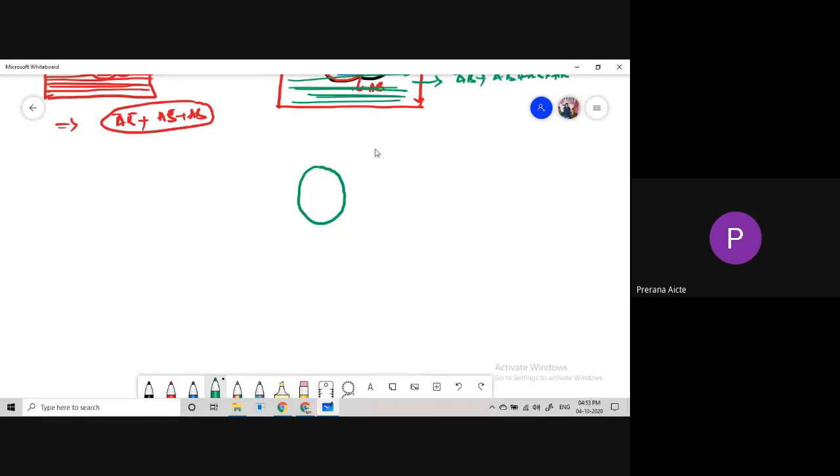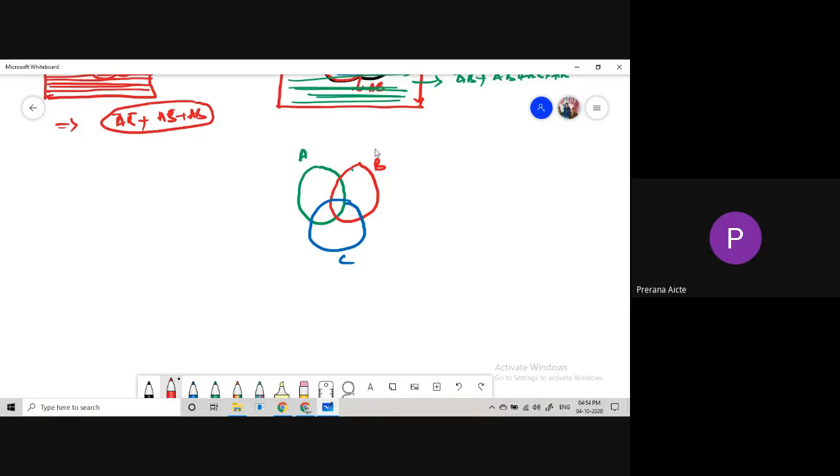you will have a diagram like this. This one is A, this one is C, and this one is B. For the first one, what is the value of this one?